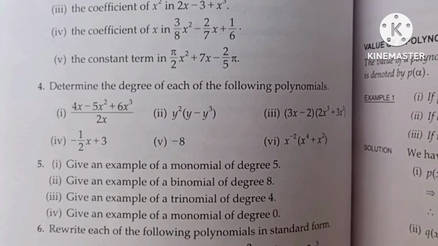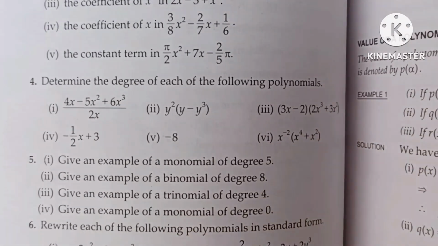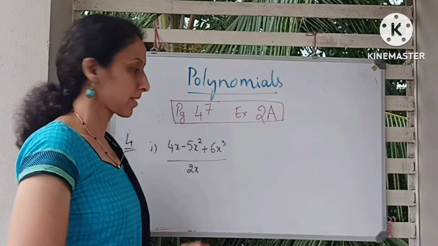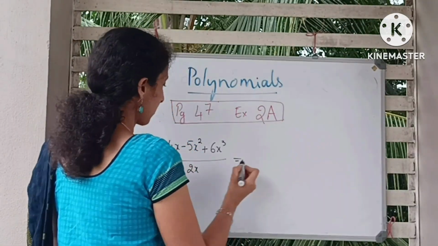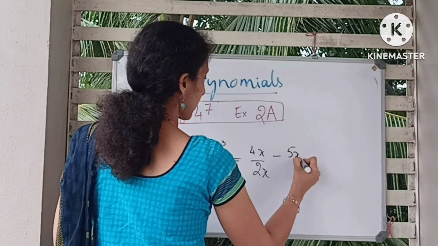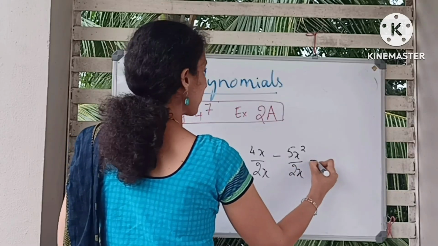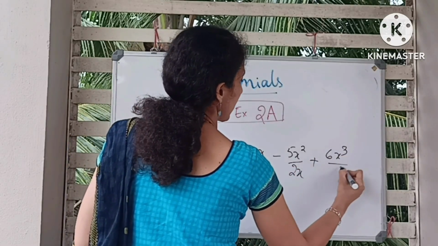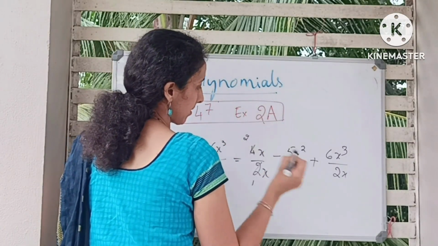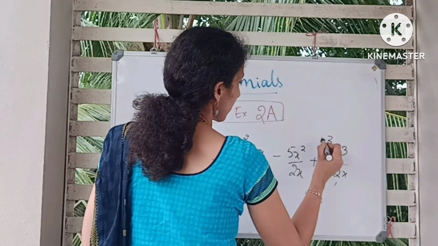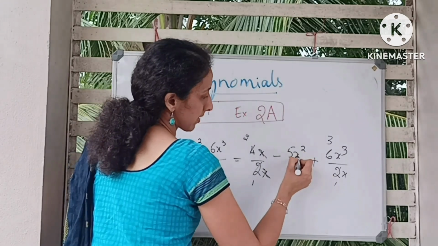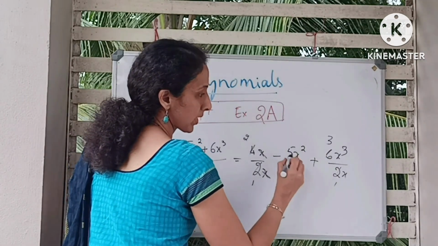Let me take some problems of 4 to determine the degree of each of the following polynomials. To find the degree of the polynomial in this case, we need to simplify this. This becomes 4x by 2x minus 5x square by 2x plus 6x cube by 2x. When you simplify, x gets cancelled, and here x into x divided by x, so 1 x remains.